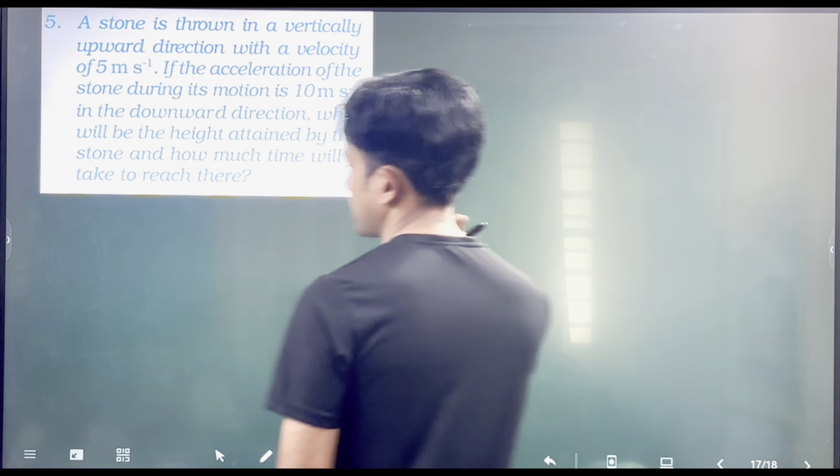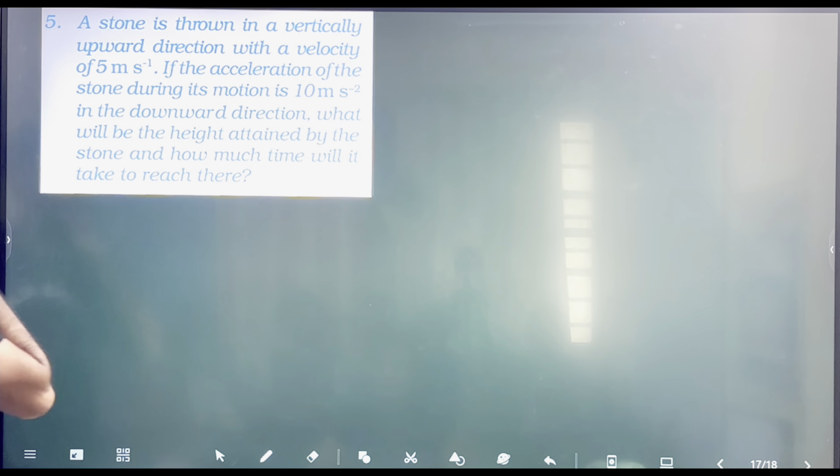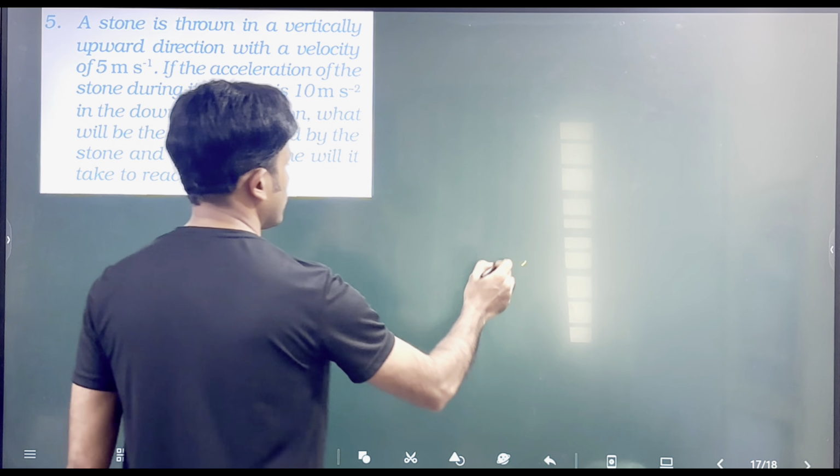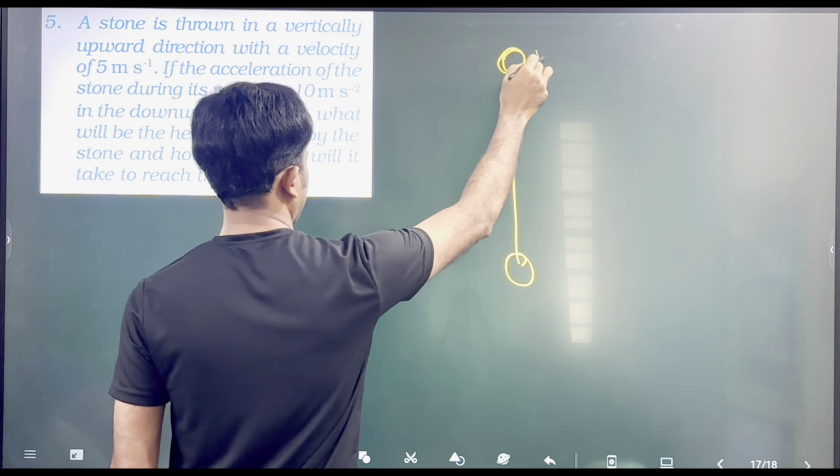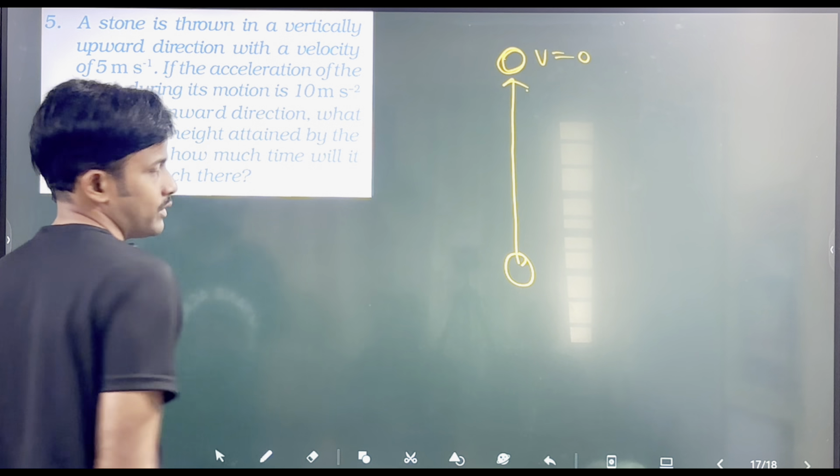And the next question is, a stone is thrown in the vertical upward direction with a velocity of 5 meter per second. Now you see, when you are throwing the stone in the upward direction, after reaching its highest position, the final velocity becomes 0. Yes or no?